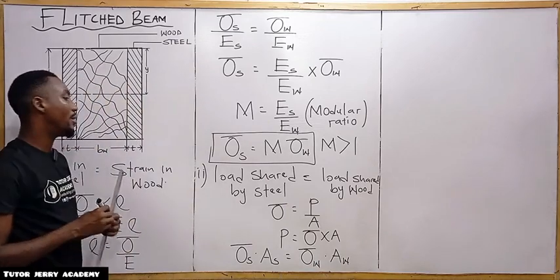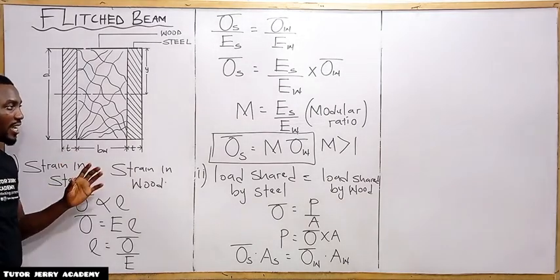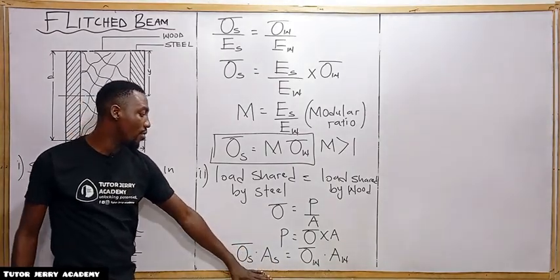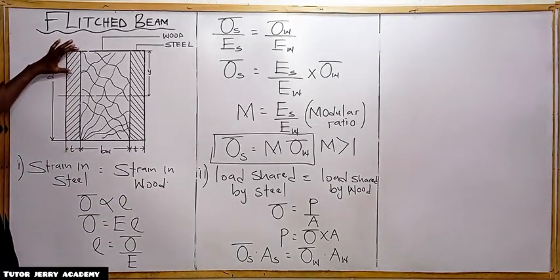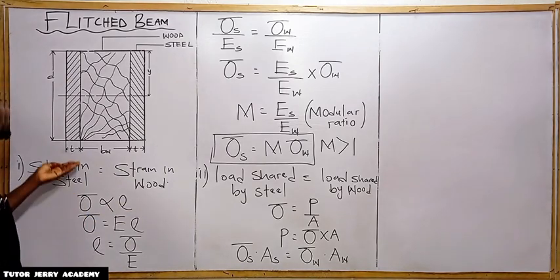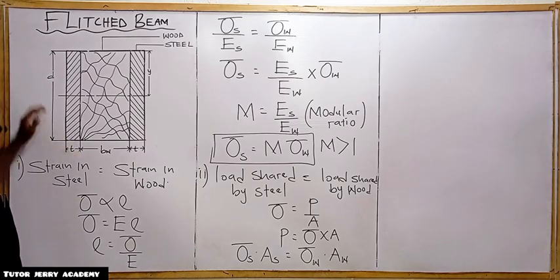All right. So now you are going to note something carefully here again: the area of the steel is just a rectangle in nature, right? So it's going to be the base of the steel multiplied by the depth.